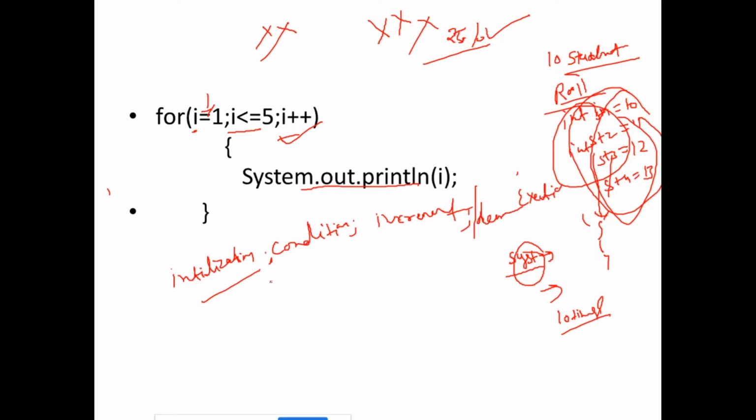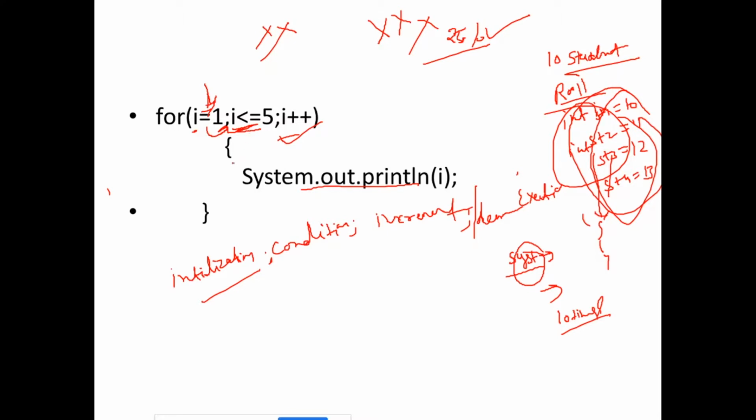So how it runs, that you guys need to know. First the i value will be initialized to 1, right? After that it is going to check here in the condition whether this i is less than or equal to 5. Because i is less than 5, the condition is true.